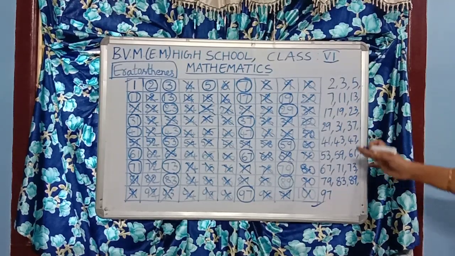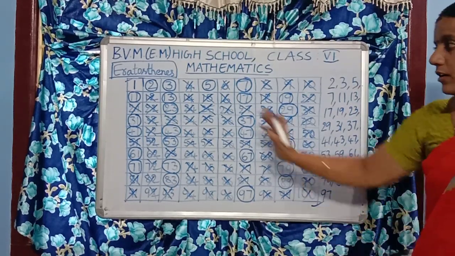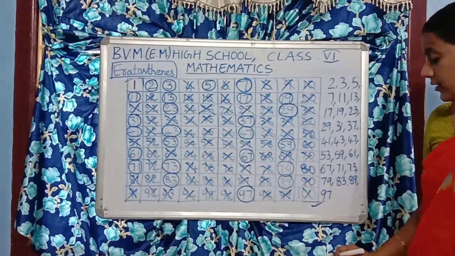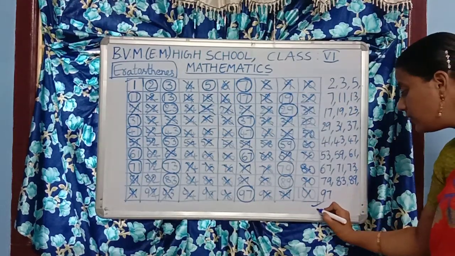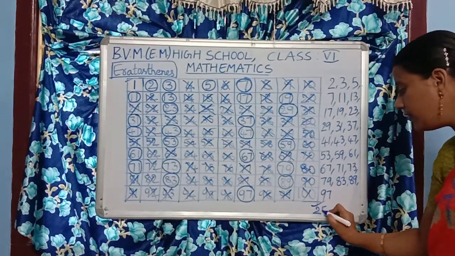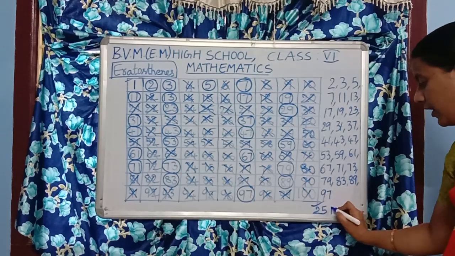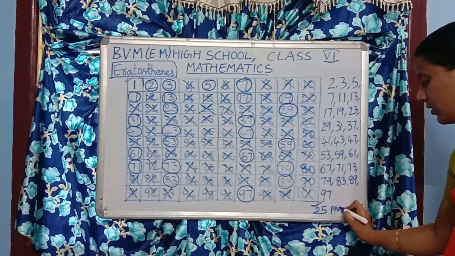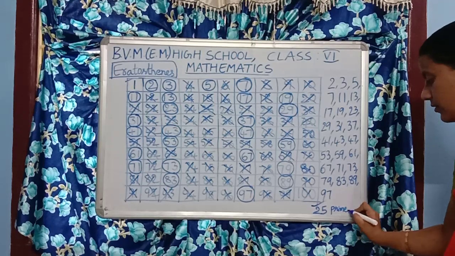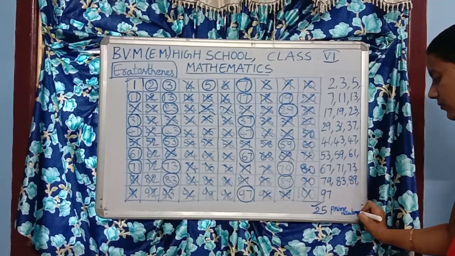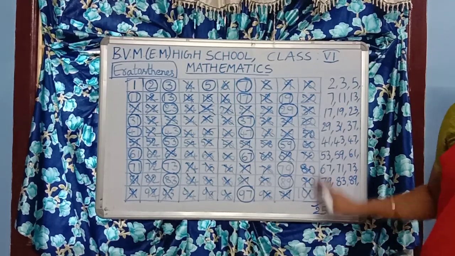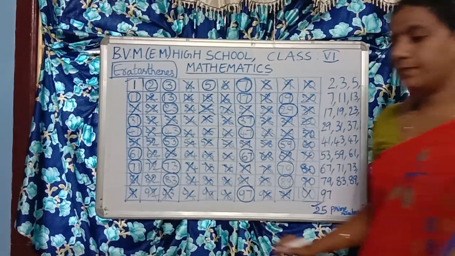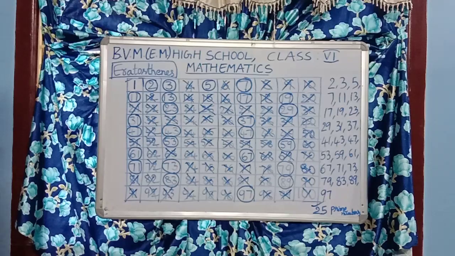Total how many prime numbers are there? From 1 to 100, there are 25 prime numbers. Okay, children? Totally 25 prime numbers are there. Note down.